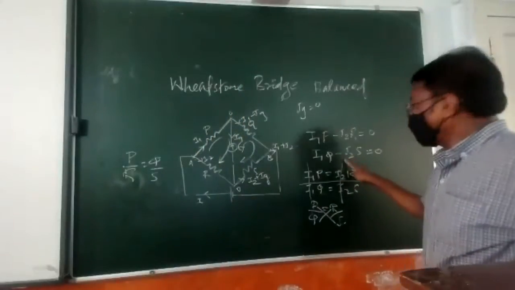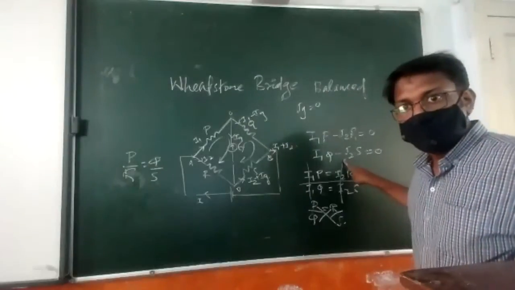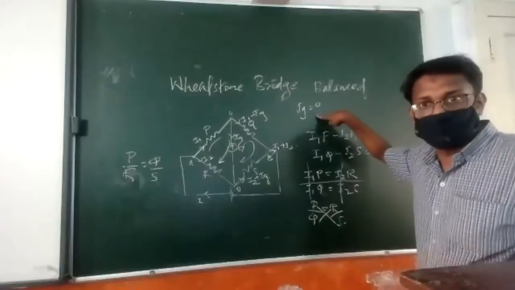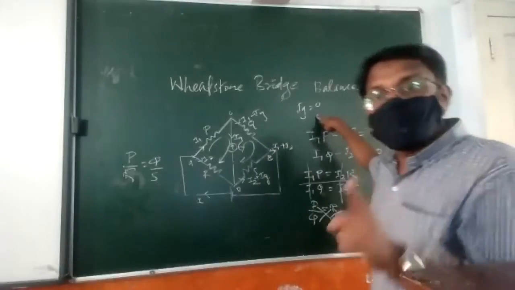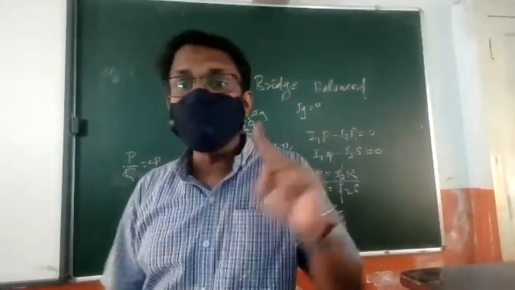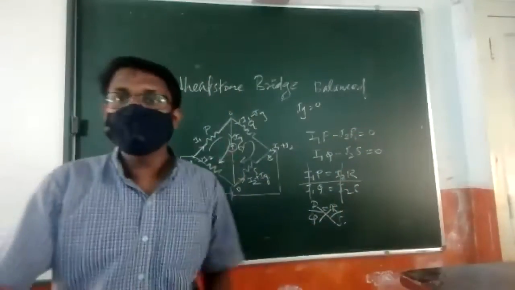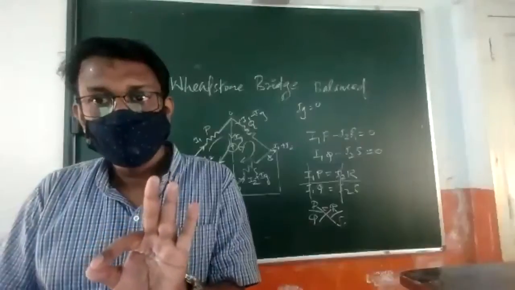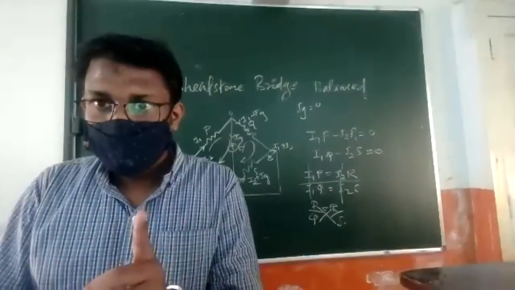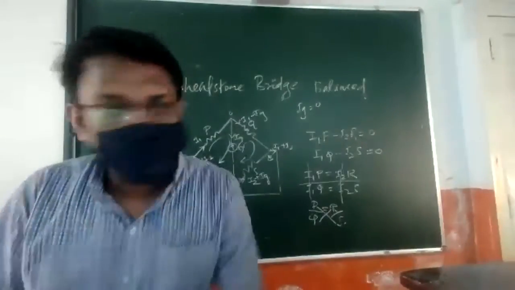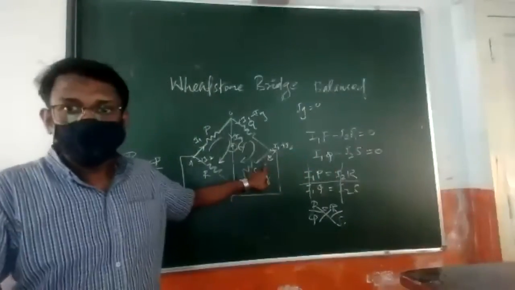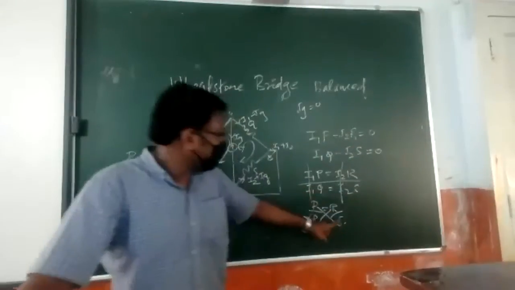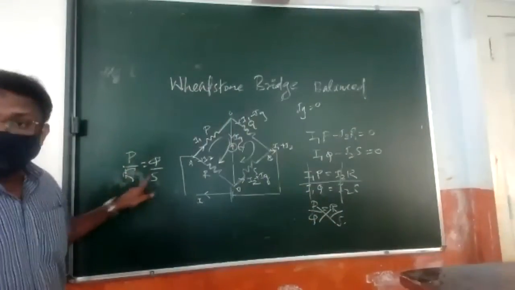When these equations are satisfied, Ig equal to 0. When Ig equal to 0, what is the condition of the Wheatstone bridge? That Wheatstone bridge is balanced. Are you getting that? When the Wheatstone bridge is balanced, Ig equal to 0. Then the loop gives these two equations. From these equations, we are getting P by R is equal to Q by S.